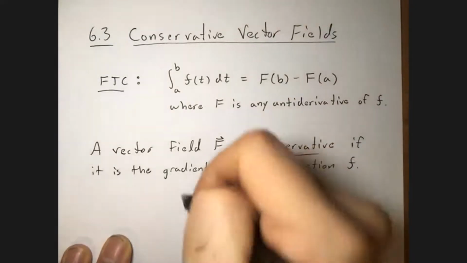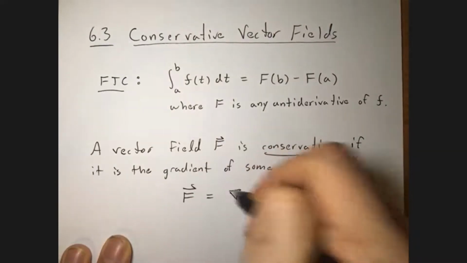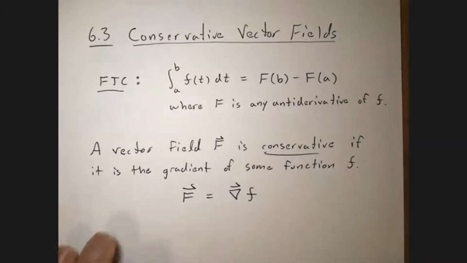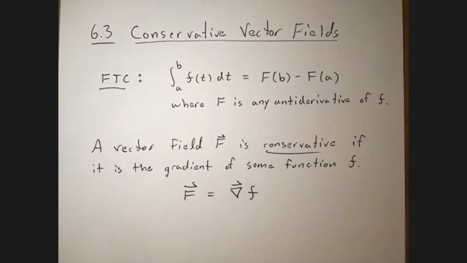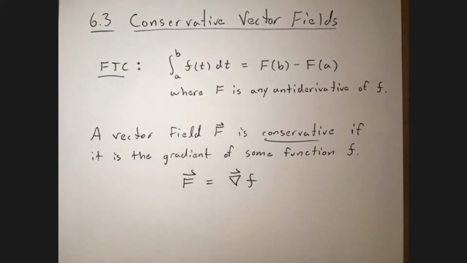In other words, capital F is the gradient of little f. Just writing it mathematically. That's what it means to be conservative. Not every vector field is conservative.